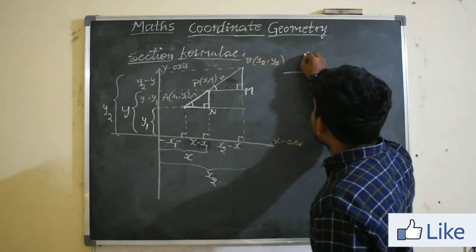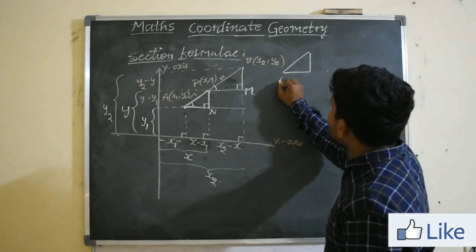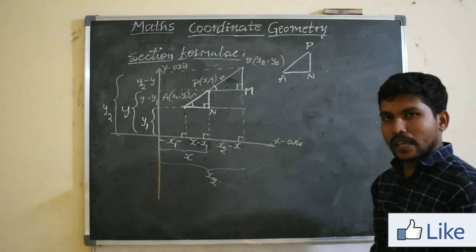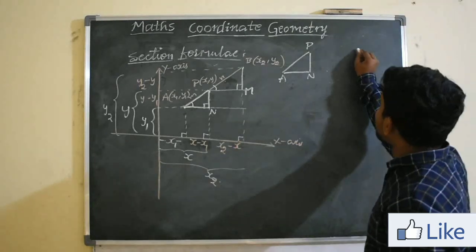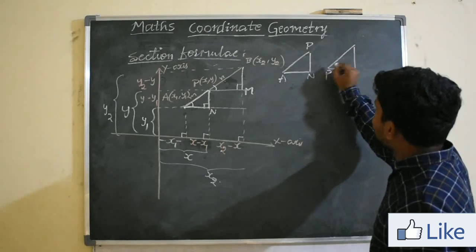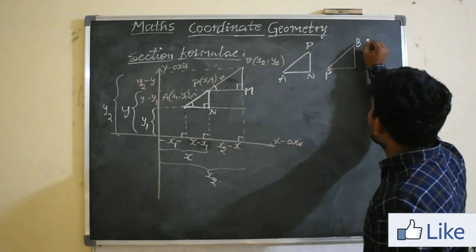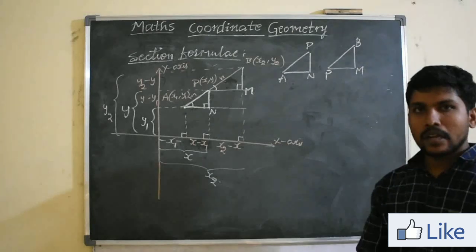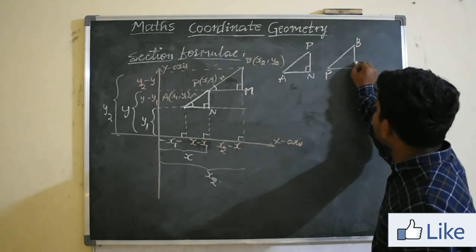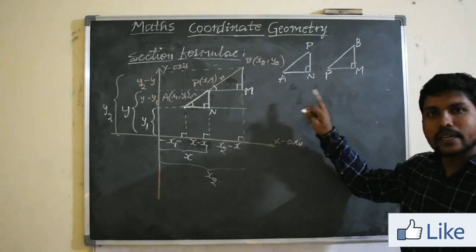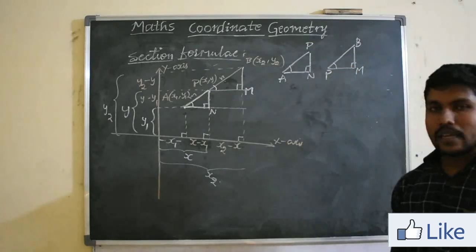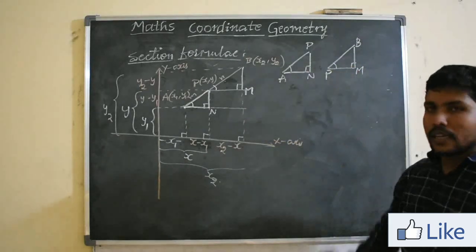Take the two triangles separately. We'll get APN as well as another triangle PBM. Now from the triangles you can clearly observe that angle N is equal to angle M, since both are 90 degrees, as well as angle A and angle P are equal because they are corresponding angles.